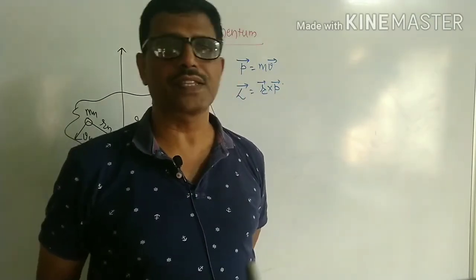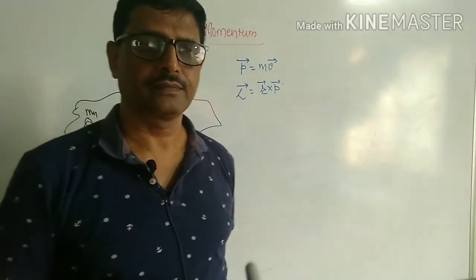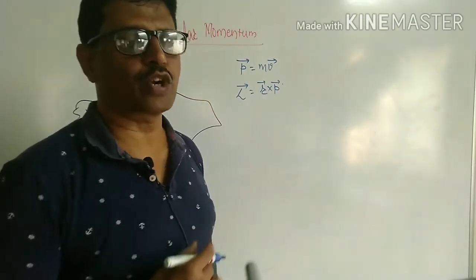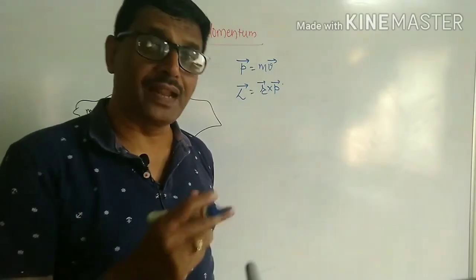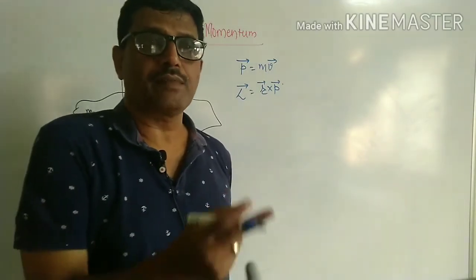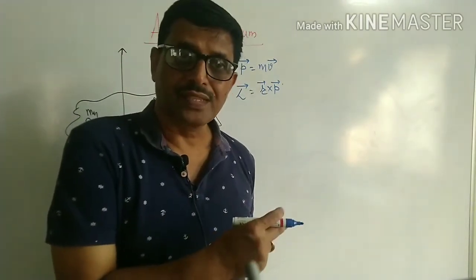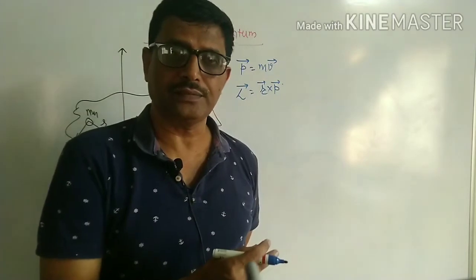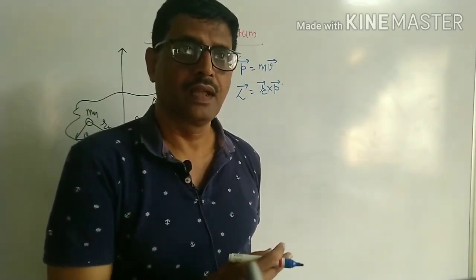Vector R represents the position vector of a point in a rotating body, and vector P represents the linear momentum of the mass situated at that point.